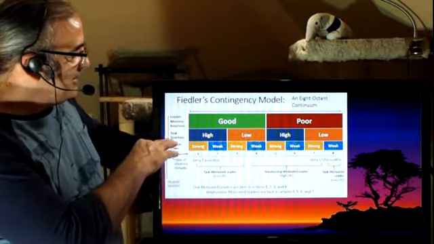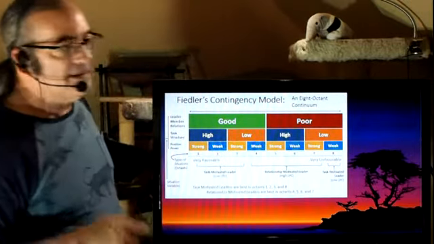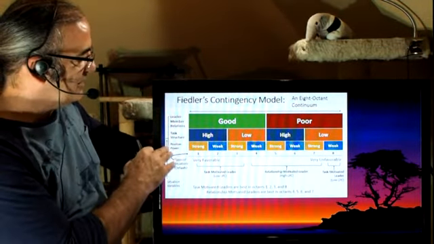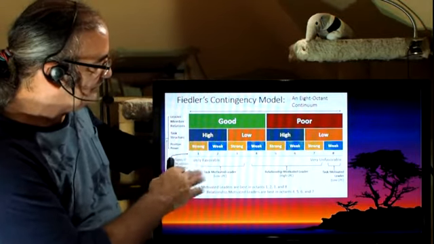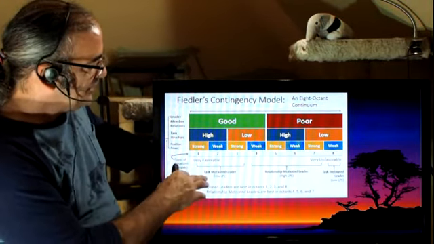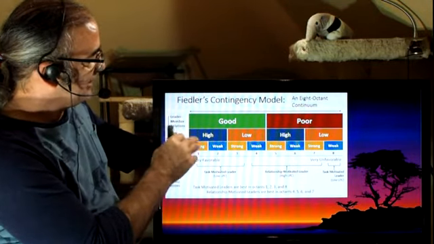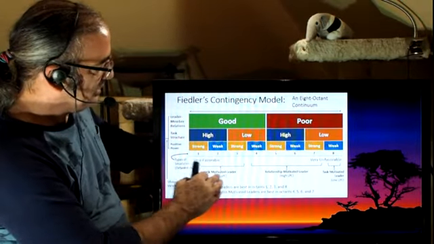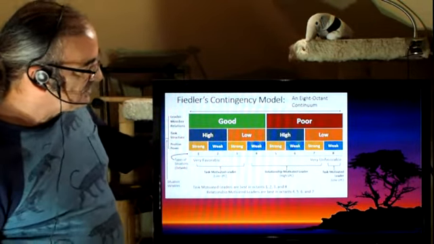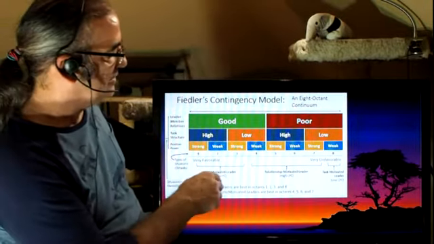Right? Now the task structure, is it high or low, right? And what do we want it to be? And that can dictate our hiring practice. And then the position power, is the leadership position a strong one or a relatively weak one, right? So here, if we have relatively good relations, either high or low task structure, then we're looking at a task motivated leader who's going to have that low LPC, right?